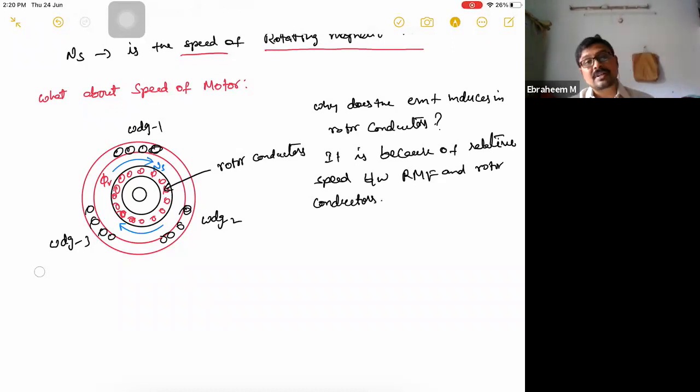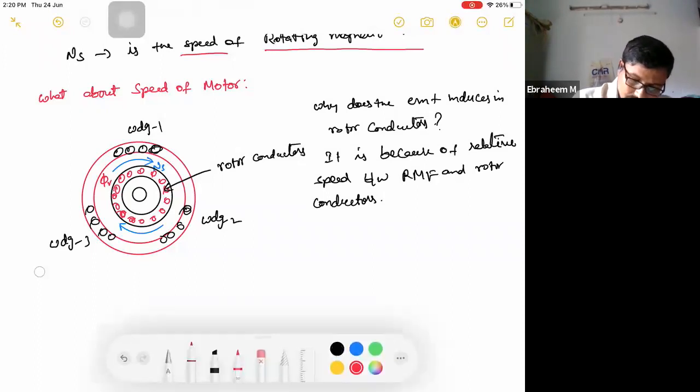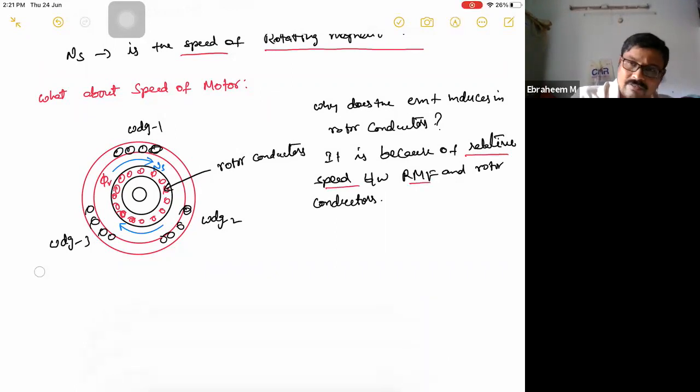Okay, if the relative speed between these two becomes zero, right? If the relative speed between the rotating magnetic field and rotor conductors becomes zero, there will be no change in flux linking the conductors. Flux linking will be there, but there will be no change, and hence there will be no induced EMF.